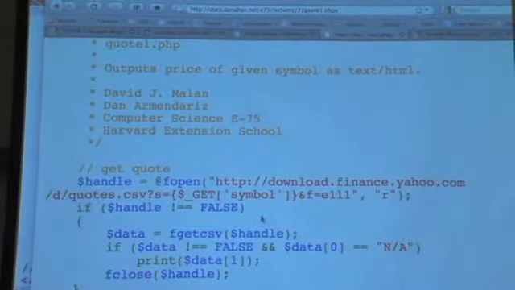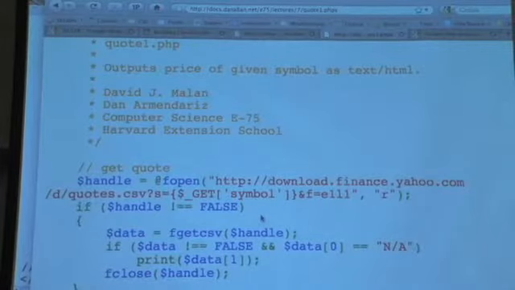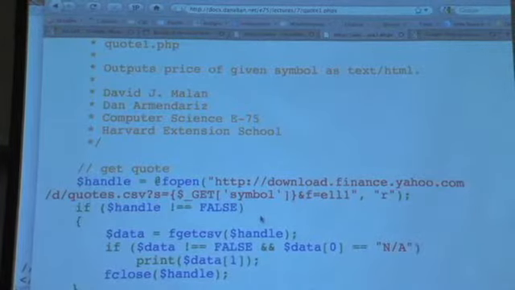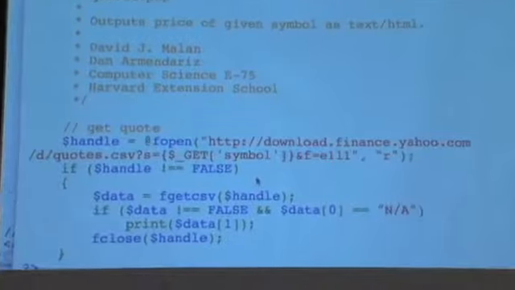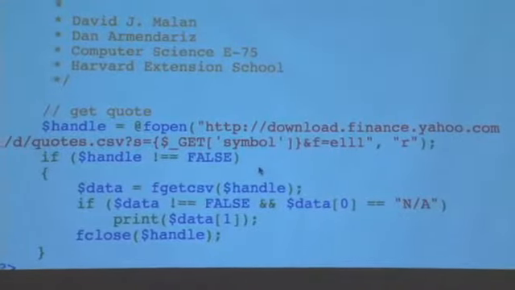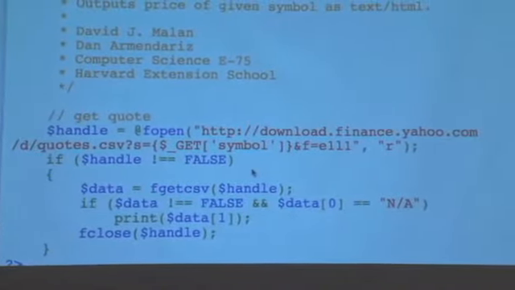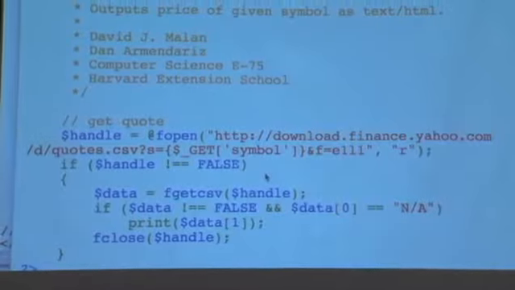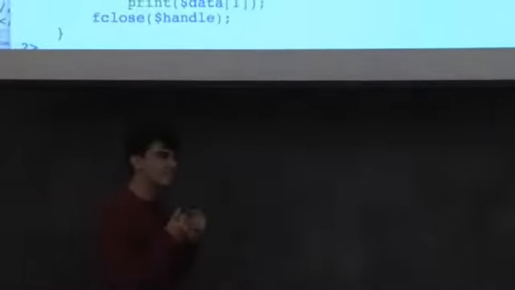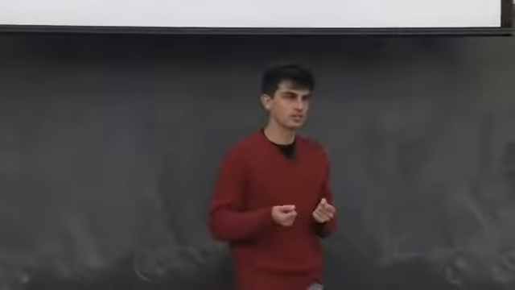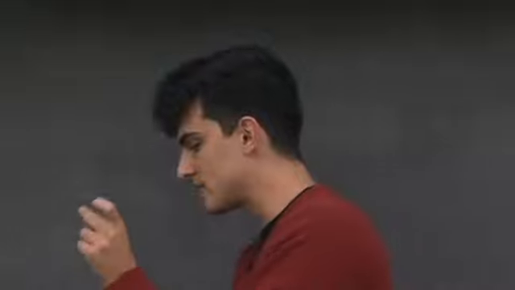We can get the information from Yahoo Finance, and assuming that all goes well, we can print out the data. Keep in mind that this PHP file doesn't print out an entire HTML page. All it's printing out is just the number. It's just finding the price information for that symbol that we've entered, and printing that out.